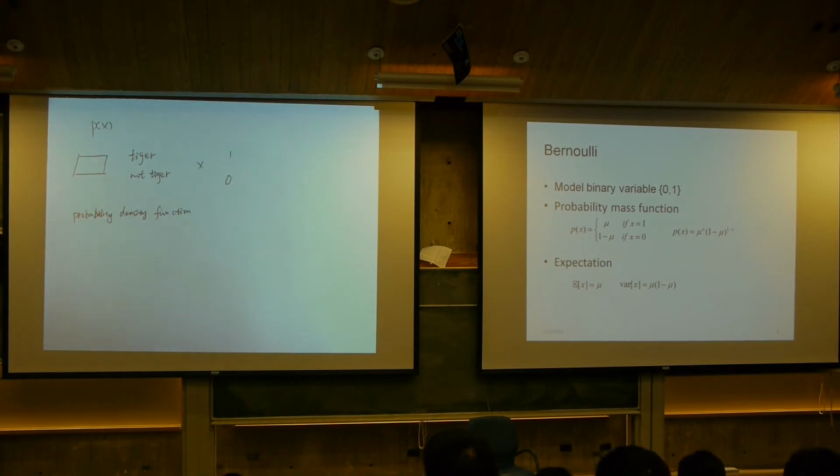Probability mass function and density function are both functions to characterize how likely an event happens. The difference is if the random variable is discrete, for example, in this case, we call this function as mass function. If the random variable x is continuous, we call this function as density function.